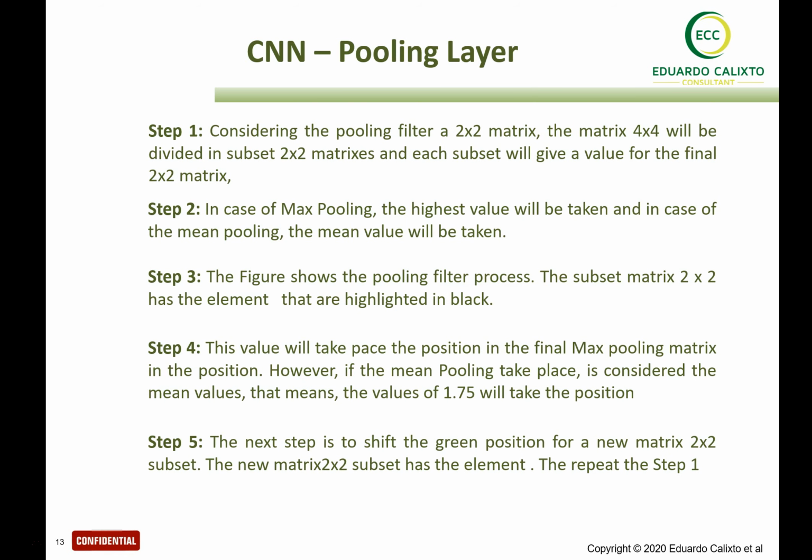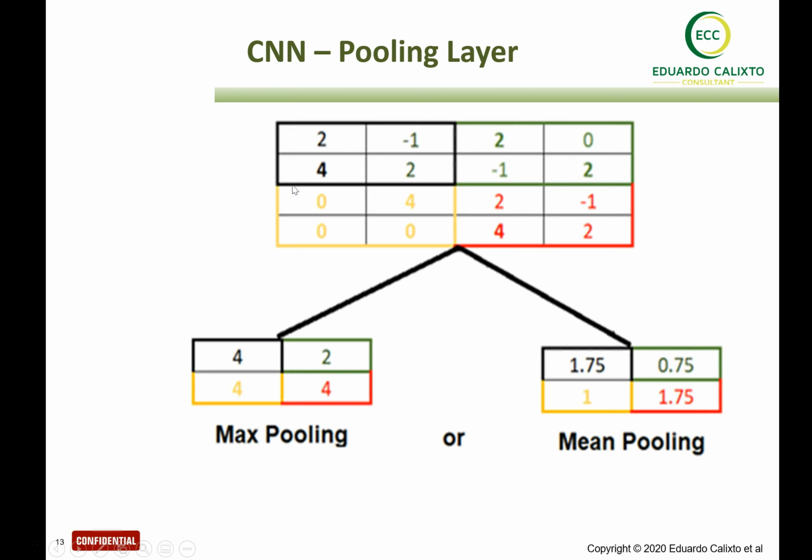So the pooling layer goes through these steps. As we saw, first we consider the pooling filter as a 2 by 2 matrix, and the 4 by 4 matrix will be divided into subsets of 2 by 2, and each subset will give the value for a final 2 by 2 matrix. So that's what we've done here.